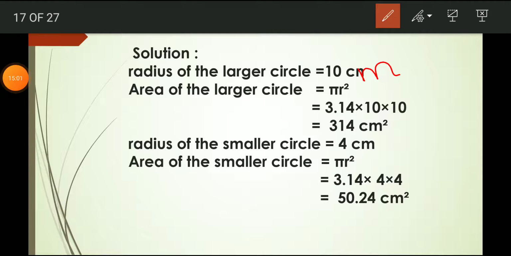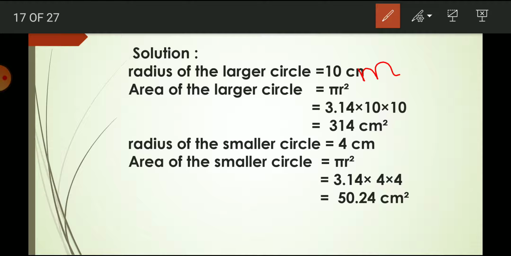Then the radius of the smaller circle is 4 centimeter. The area of the smaller circle is pi r square. Here, 3.14 into 4 into 4. We can get 50.24 centimeter square.